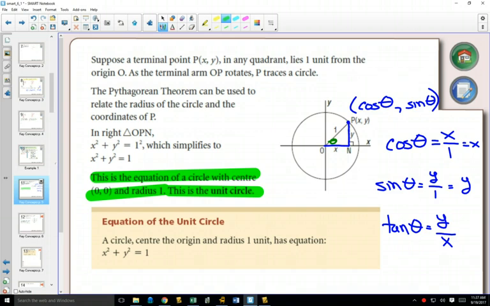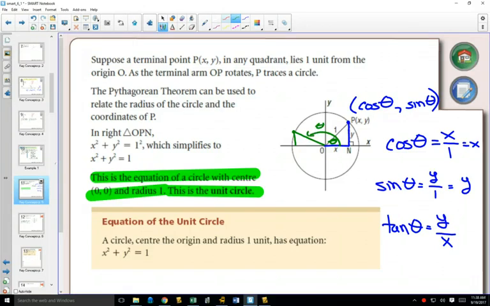Now, we drew a triangle in quadrant 1. How does that connect? Maybe that only makes sense in quadrant 1. But if we chose a point in quadrant 2 or quadrant 3 or quadrant 4, and I'll choose one first in quadrant 2. If I choose this point in quadrant 2, well, if I drew a triangle, that would make that triangle. Does it still work if this is my new angle theta?